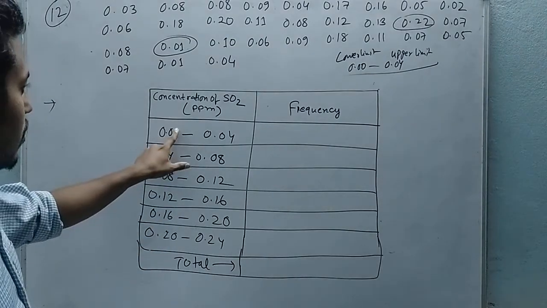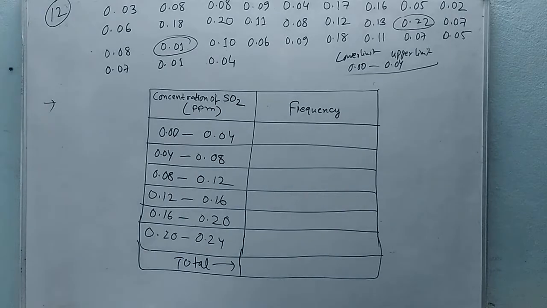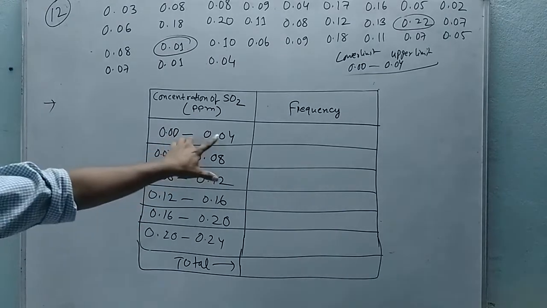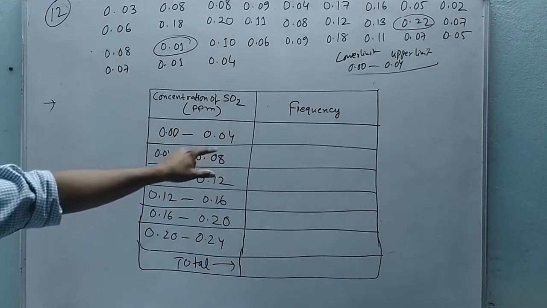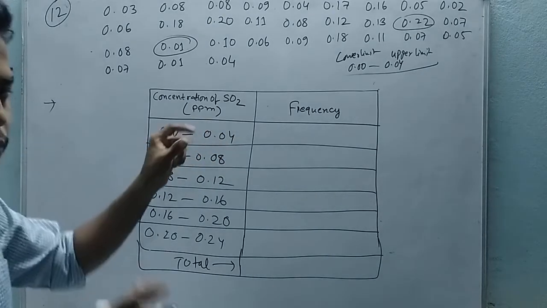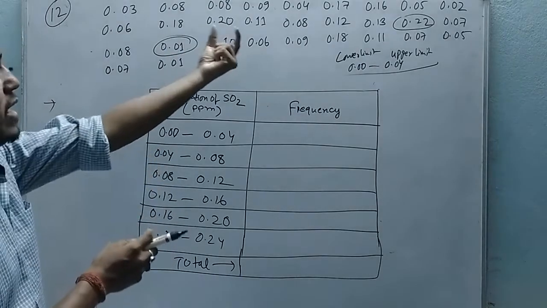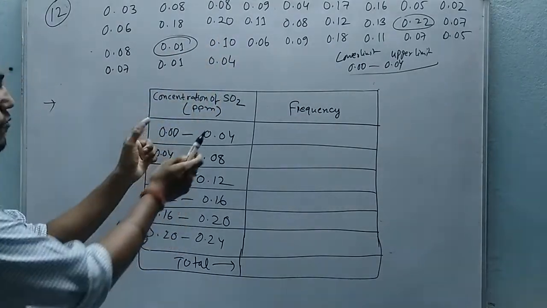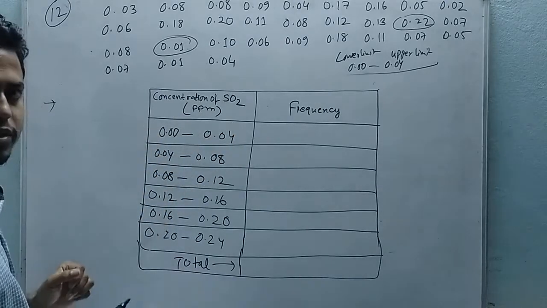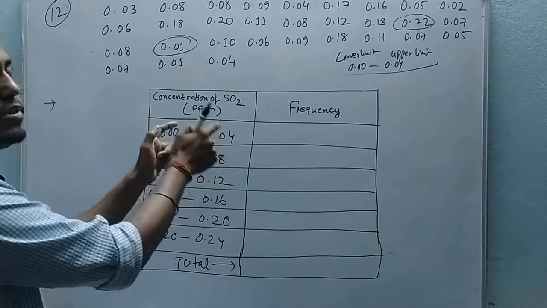Now, when we mark the numbers between these two, we will not take the upper limit. I mean to say that we need to find those numbers that fall under this range 0.00 to 0.04.